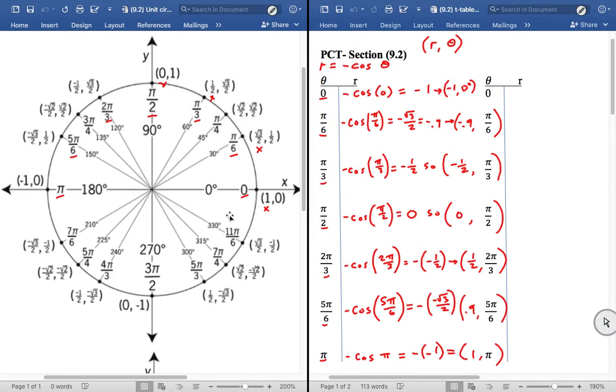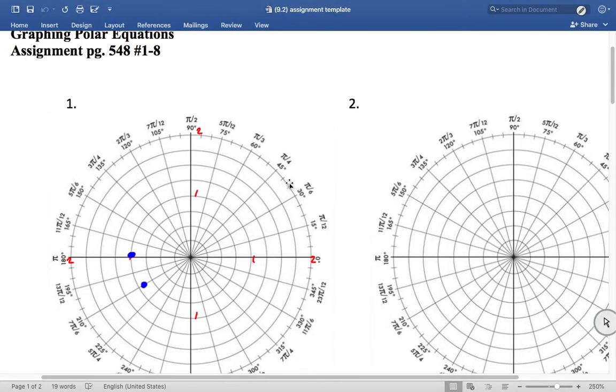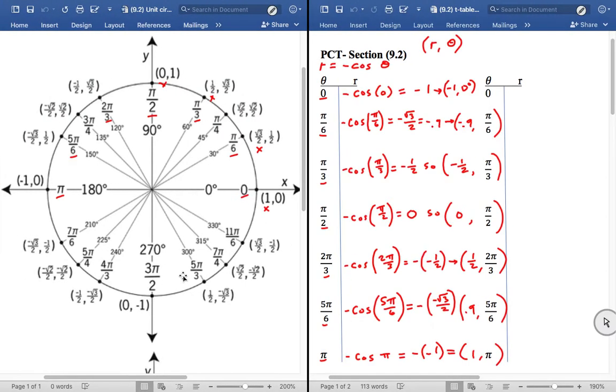Now, tell me about -1/2 comma pi over 3. Got it. Okay, and what was the decimal? Oh, that's just half.